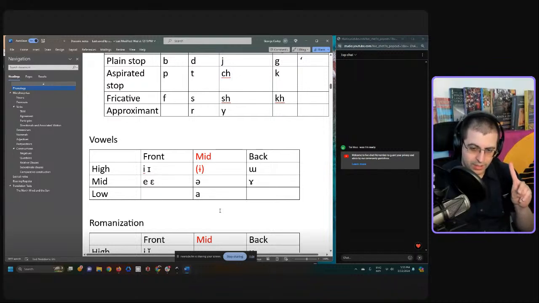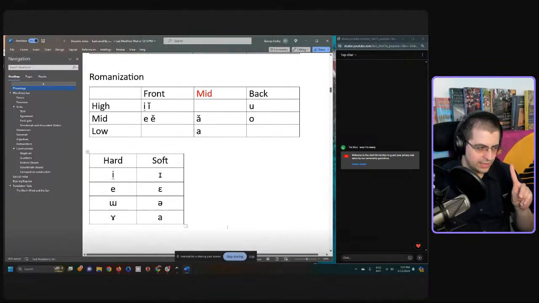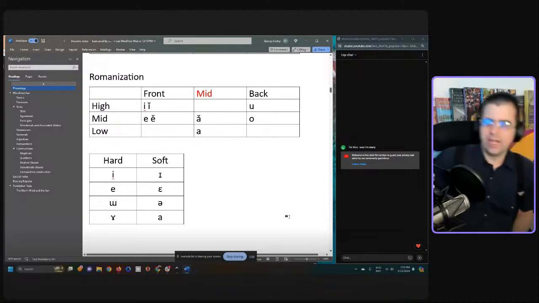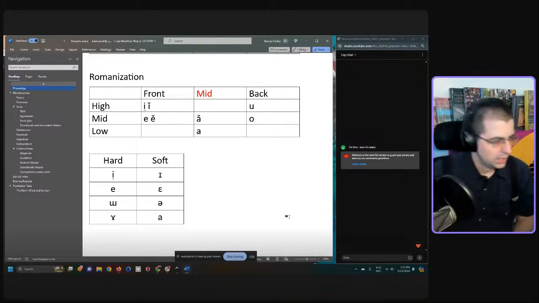One of them is a soft vowel, and the other one is neutral with regard to vowel harmony. So that is something to consider. We need to make sure that that's going to work out properly.